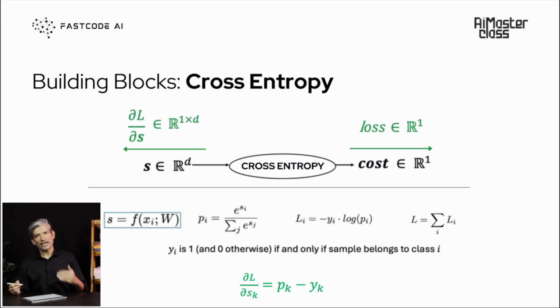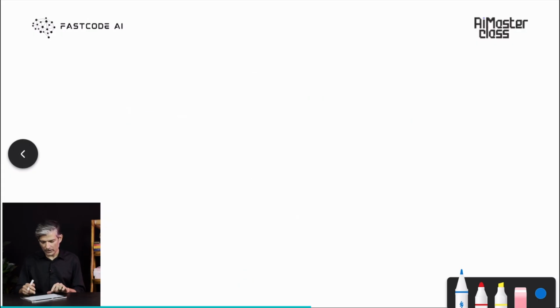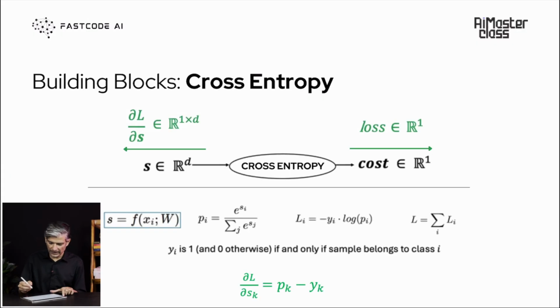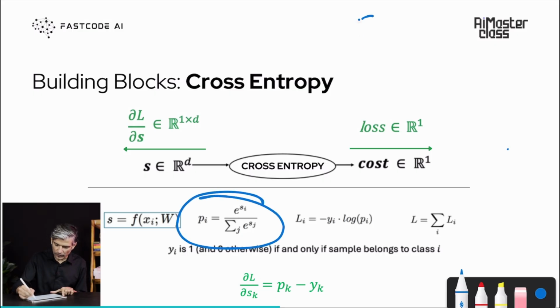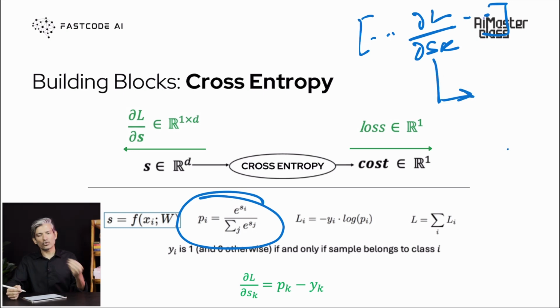So, when you actually implement it in code, it is really simple, because all you have to do is Pk minus Yk, where Pk, as we know, is the output of the softmax, and each element of this gradient is what we are interested in. So, we will have our ∂L/∂Sk as the kth element of this, and your code is really simple.